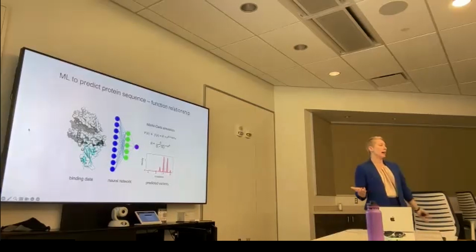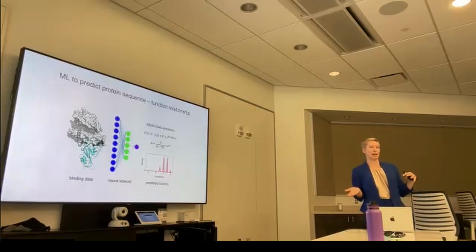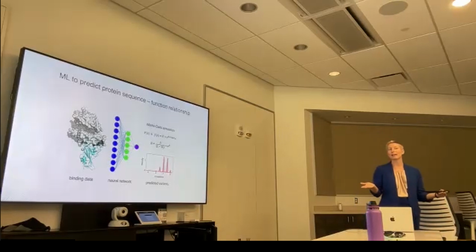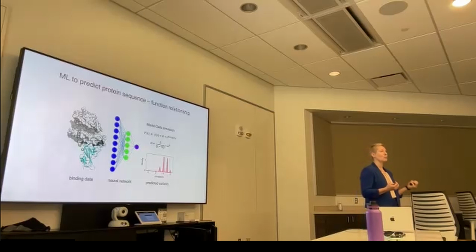We have like 100,000 data points from this deep mutational scan where we have these different sequences and a binding affinity. Because we have so many data points of sequence to binding affinity, we're able to create a neural network in order to predict this, and we're able to extrapolate to other sequences and really have an idea of how well sequences are going to bind to ACE2.